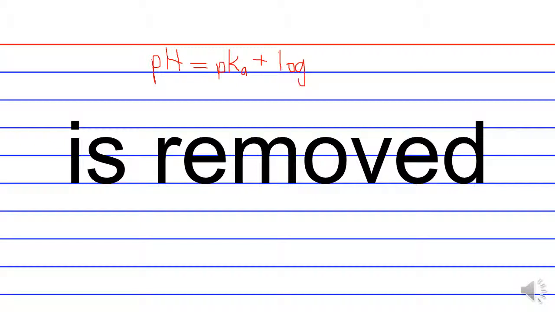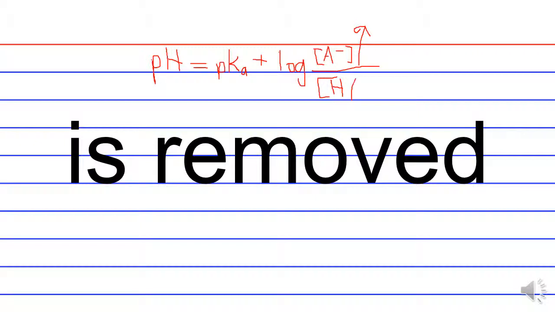So it's the log of the concentration of conjugate base. If this number is really, really big, then that means you have a lot of base in solution, and they're going to want to remove the proton, as opposed to the concentration of acid in solution.